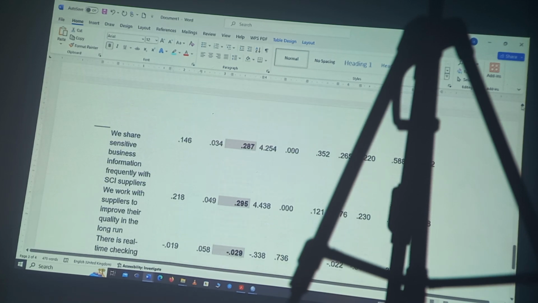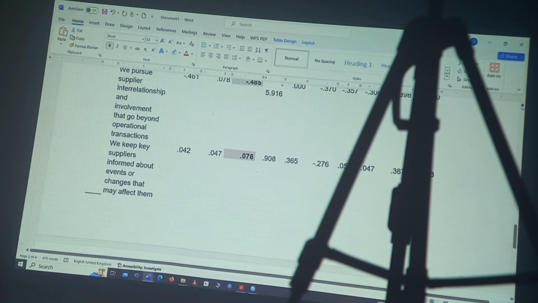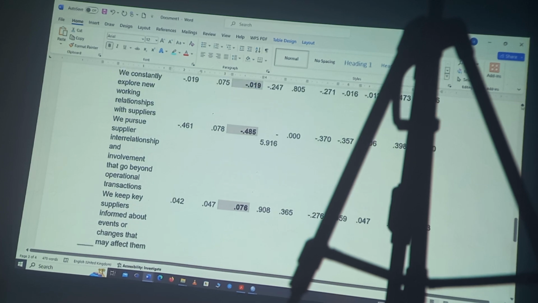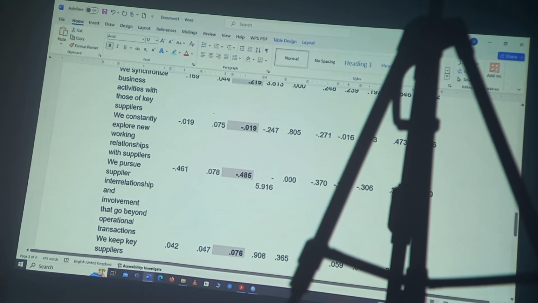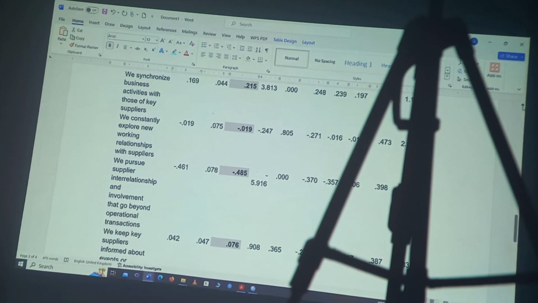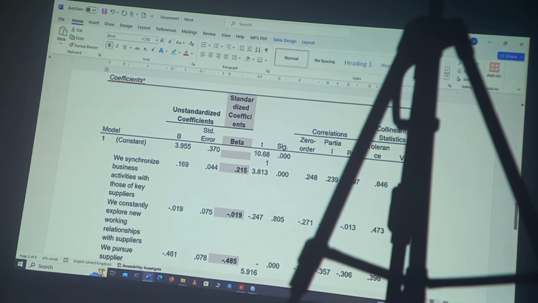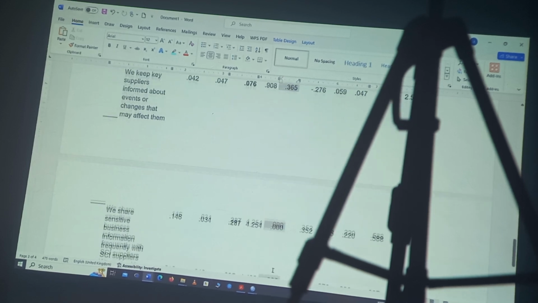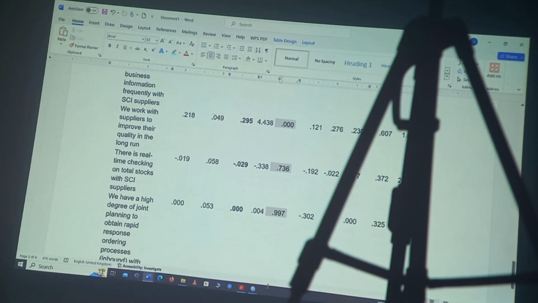For each of the factors that you consider, you have to also consider its P value. And the P value is represented by what? The sig. Let's finish this, then I'll talk about the multicollinearity.